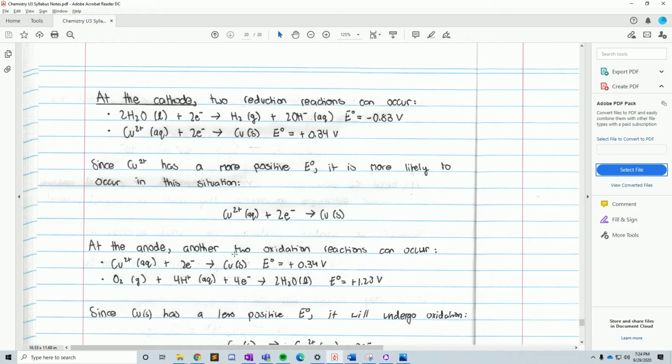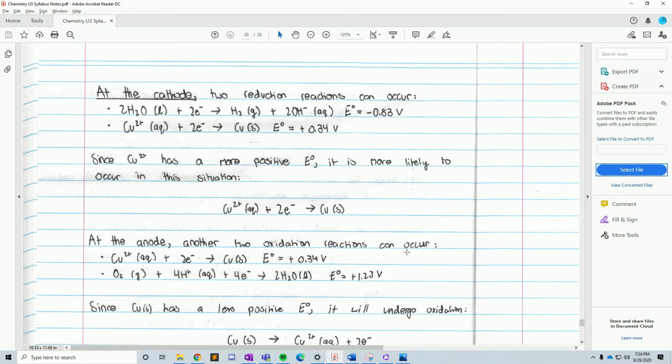At the anode, another two oxidation reactions can occur. We have here Cu2+ with a potential of 0.34, and we have oxygen being produced here, and that gives you a potential of 1.23. Now here you might be thinking, those look like reduction equations to me, and you would be exactly right.